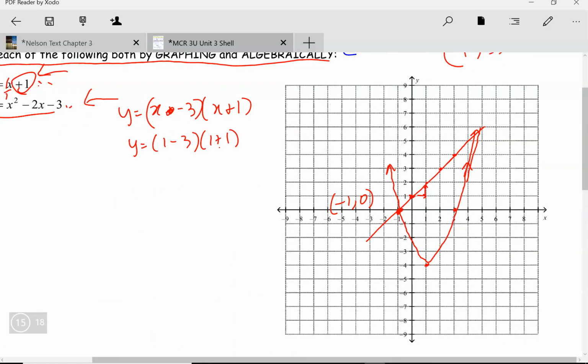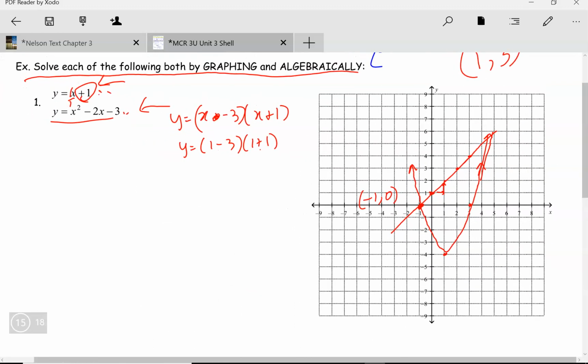The easiest way to check it is to plug in my values. I would probably put both 4 and 5 into a table of values. So I know what that is. So this is going to be 4 and 5.